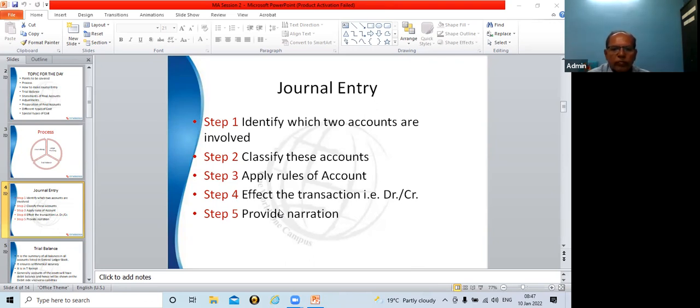So it is going out. So credit what goes out. So we can say cash or bank account credit rupees 50,000. So two effects we have given, one debit and the other credit. Dual aspect. And then finally we will give the description. Company paid advertisement expenses. Bracket close.